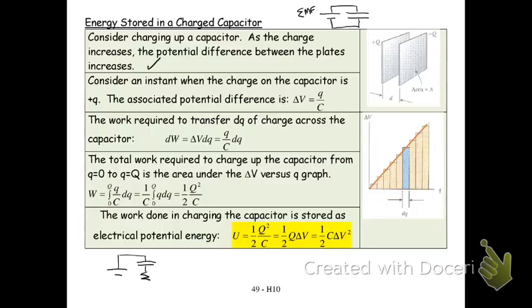In reality, every circuit has a bit of resistance in it. So just because I have 12 volts EMF does not mean to say that the whole of that 12 volts is applied across the capacitor instantaneously. There might be some across the resistor and then some across the capacitor.